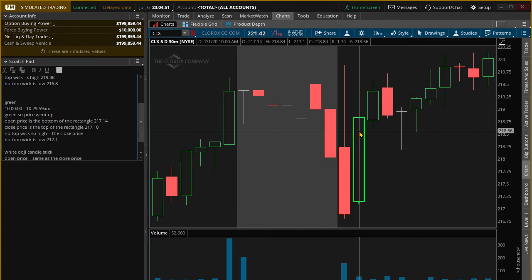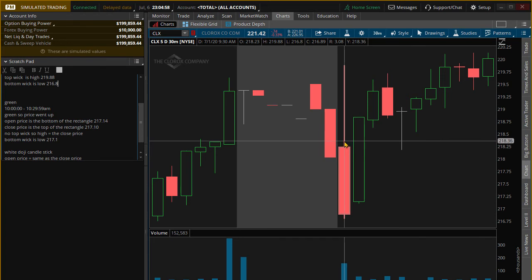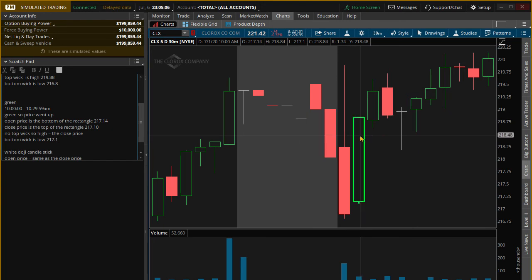Also for the top, you can see that the previous candlestick has a top wick, but this one has no line at the top, there's no wick. Since there's no wick, that means that the high is the same as the close. If you look up here, you should see the letters H and C. If I hover above this, you'll see the high is 218.84 and the close is 218.84.